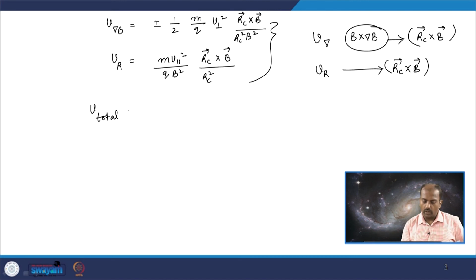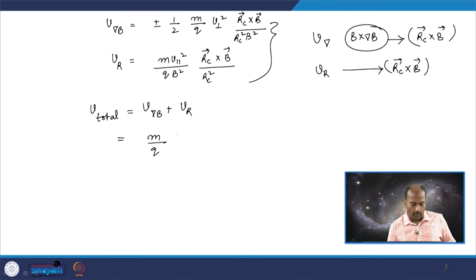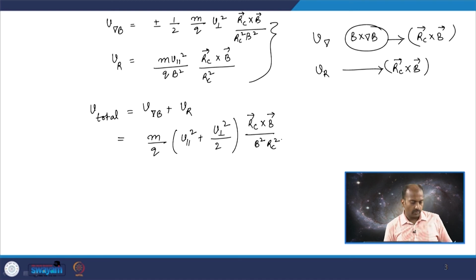So, V total is now V del B plus V R, which can be written as m by q times V parallel square plus V perpendicular square divided by 2, the factor 2 coming here, into RC cross B divided by B square RC square.